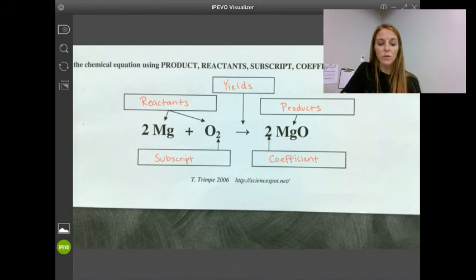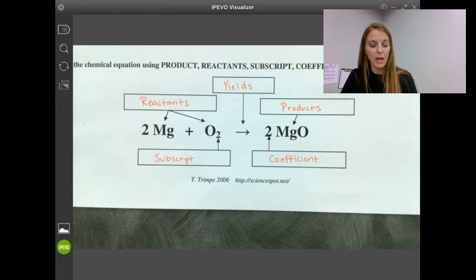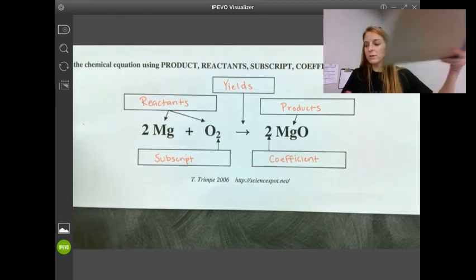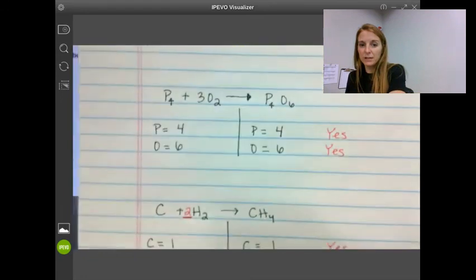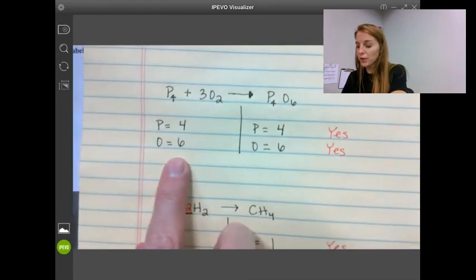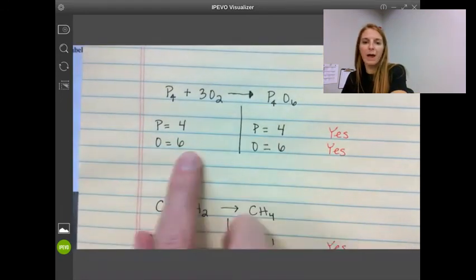Okay, so that is how you will be able to identify the different parts of that equation as well. You will get some more practice with this, and then if you have any questions, let me know. The only thing you really have to be able to do at this point, like I said, is just be able to pull out the different number of atoms for each one, and just tell me if it's balanced or not.